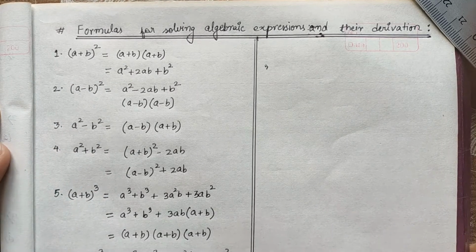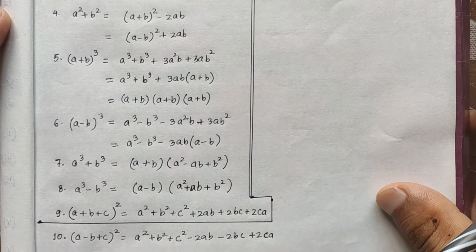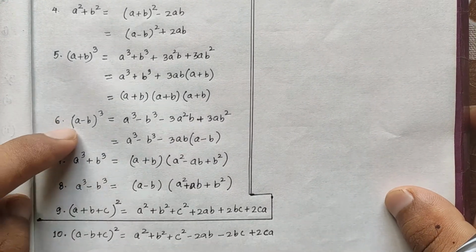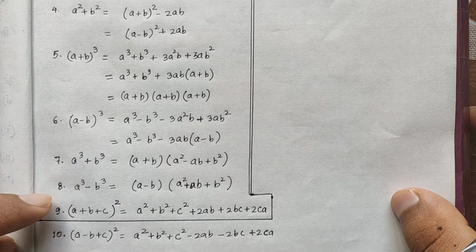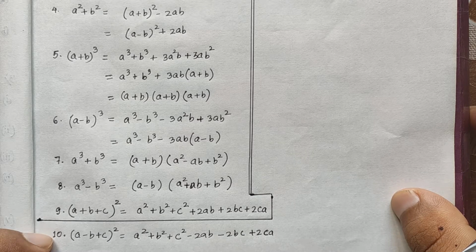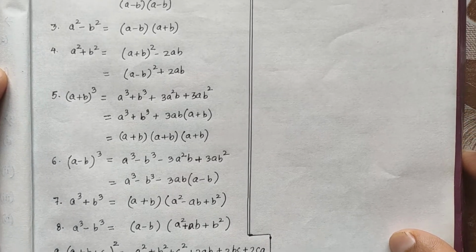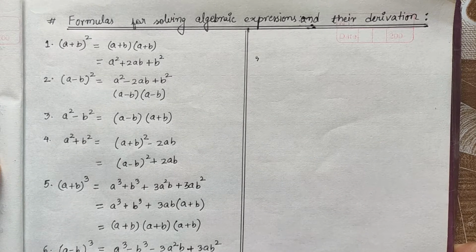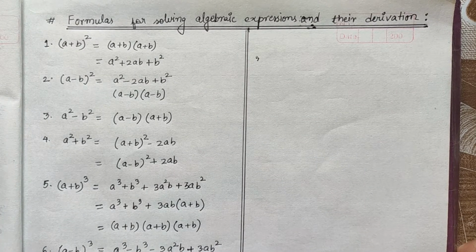Okay, and similarly other formulas are a minus b whole cube, a cube plus b cube, a plus b plus c whole square, and the last one is a minus b plus c square. Okay, so let's start the class.